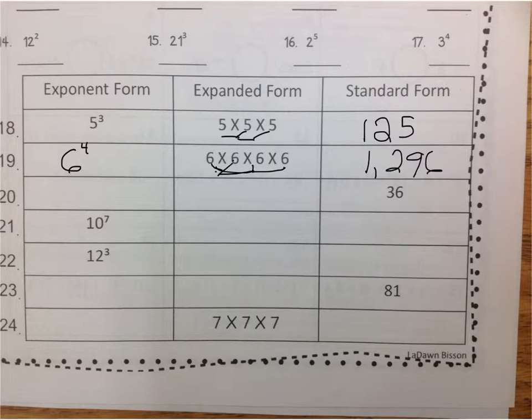Okay, that gets you 1,296. Now in this one I have the standard form, 36, and I know that 36 is going to be 6 times 6, and 6 times 6 is 6 to the second power.